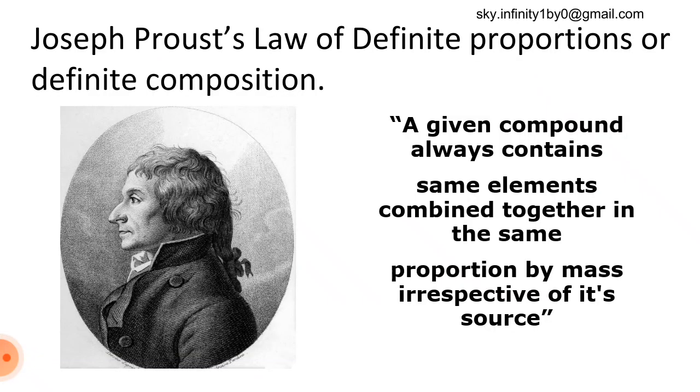The second law was given by Joseph Proust, and the law is called the law of definite proportion or definite composition. It states that a given compound always contains the same elements combined together in the same proportion by mass, irrespective of its source.